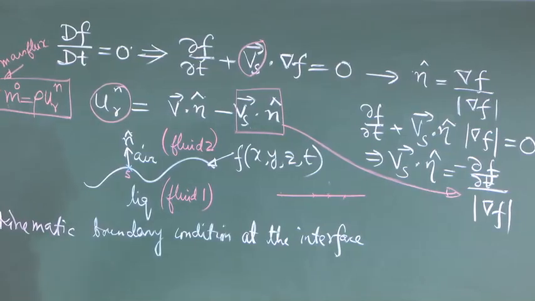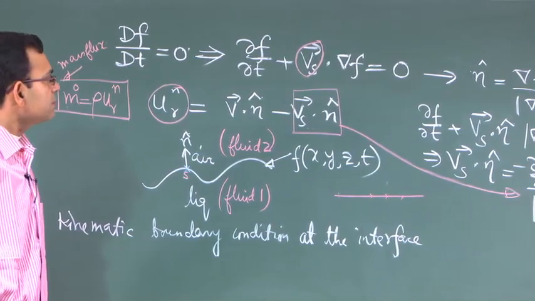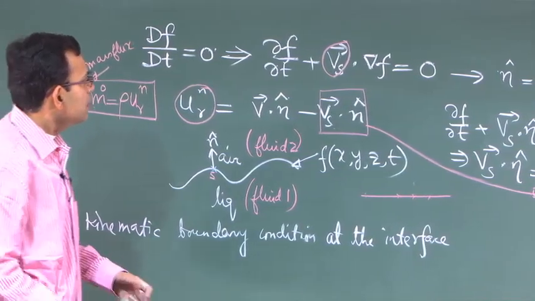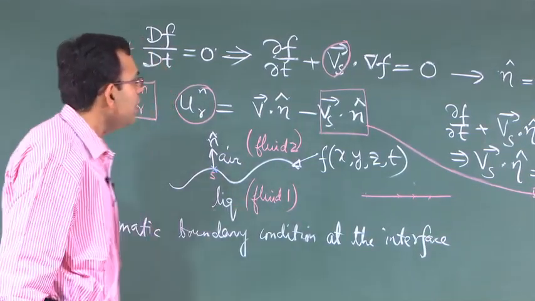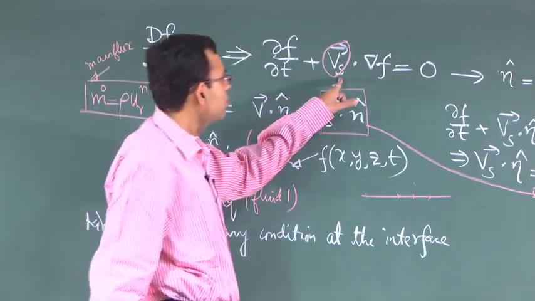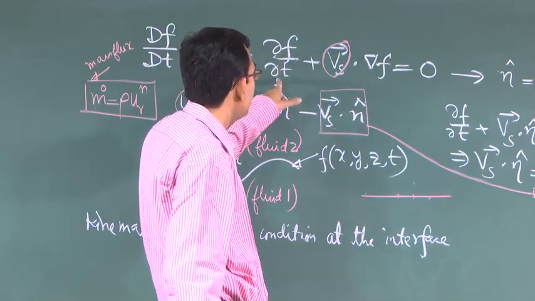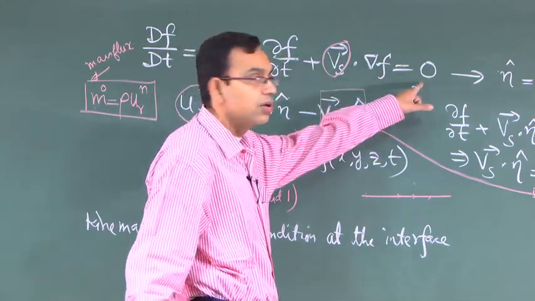So, in a special case when you have Vs equal to V, then this UR is equal to 0, and when Vs is equal to V, you have the kinematic boundary condition as del F del T plus V dot grad F equal to 0.